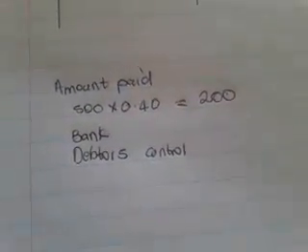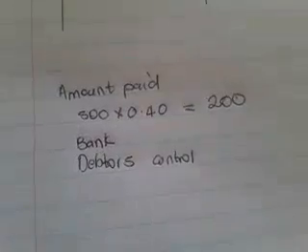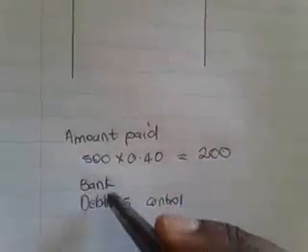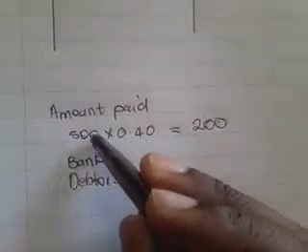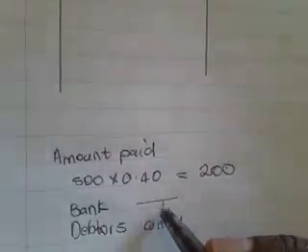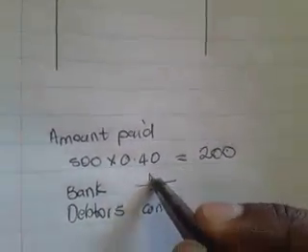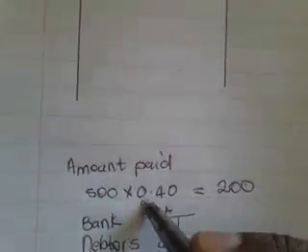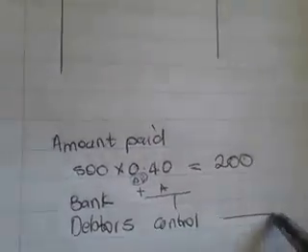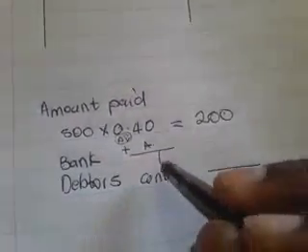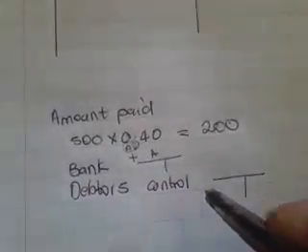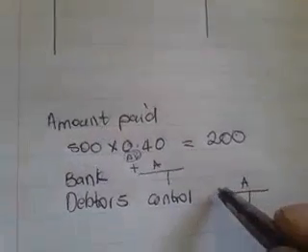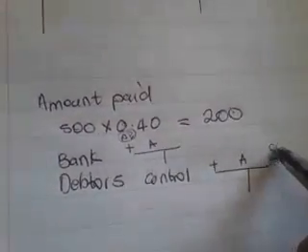So now you need to find out which account was debited and which account was credited, right? Okay, so when we have received something in the bank, which is an asset, assets increase on the debit side. So therefore we are going to debit this account, right? And then since Mr. Brown's debt is decreasing, and debtors control is also an asset, you need to determine that assets decrease on the credit side.